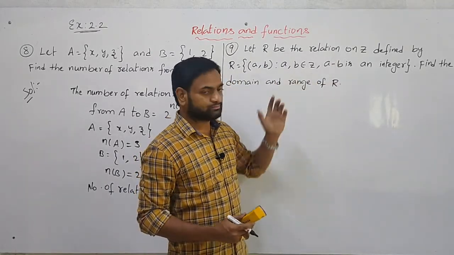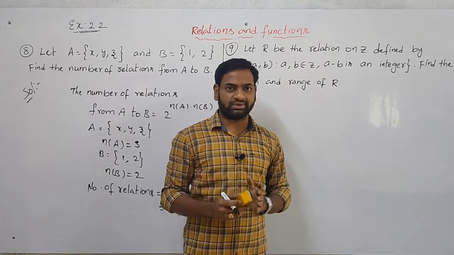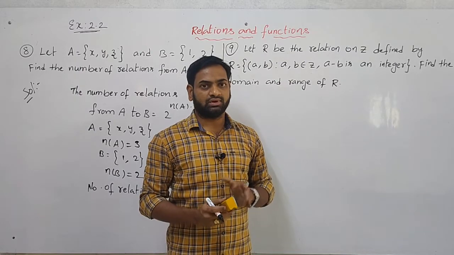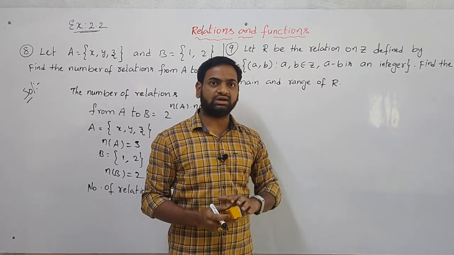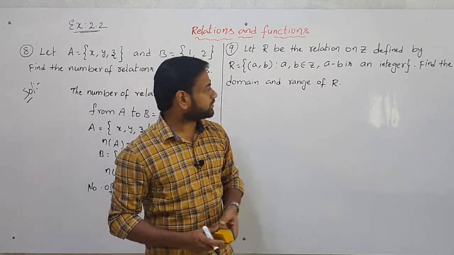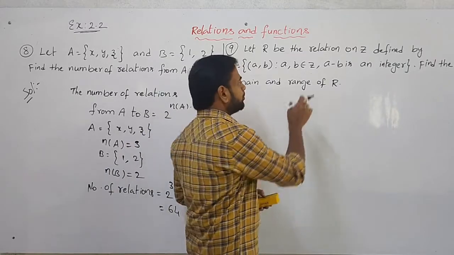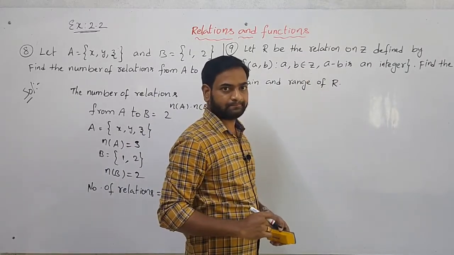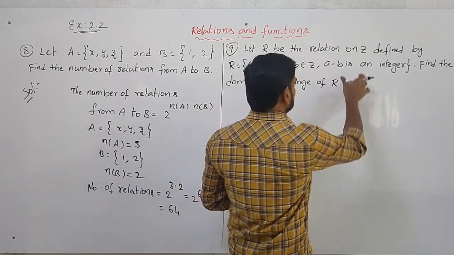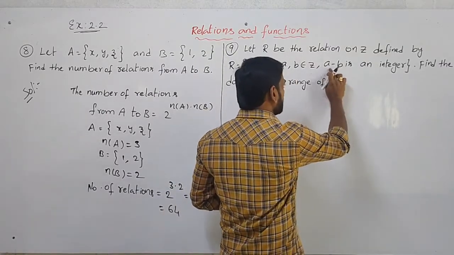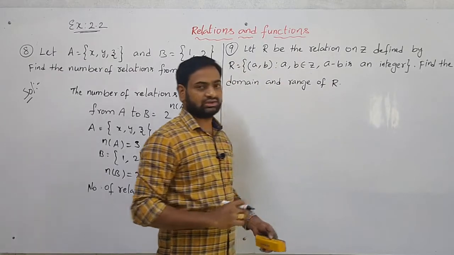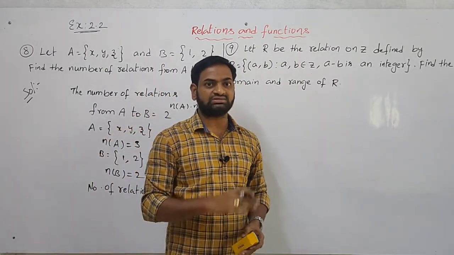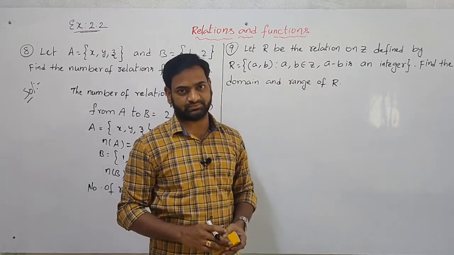Just remember this simple thing: domain means choosing values or taking values, and range means the answer or result. In this one, domain means the a, b values, and range means the value of a minus b, because the operation is a minus b here.